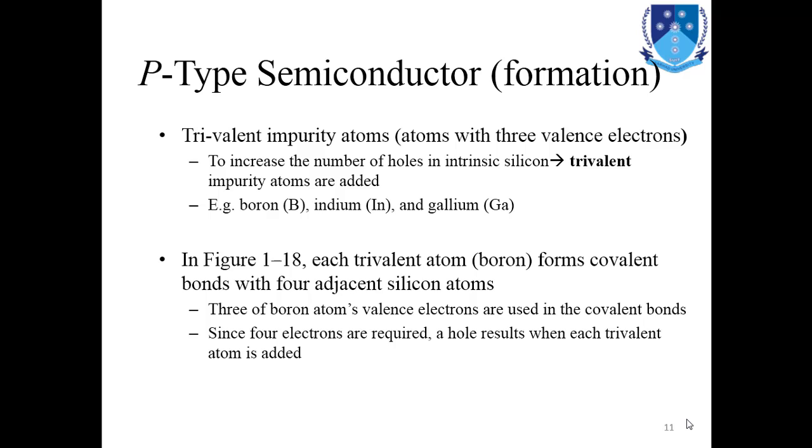And because the majority of carriers are holes in excess in the semiconductor material, that type of semiconductor material is known as a p-type material. Here p represents positively charged particles, and we know that holes are positive in nature, so in terms of holes, this semiconductor material is known as a p-type semiconductor material.